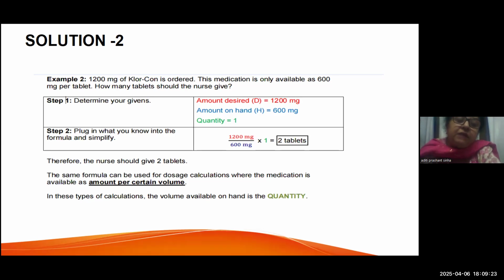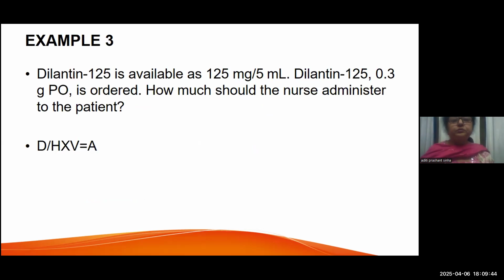So if it is available in some volume, we can add that volume. Otherwise, we can just write the quantity. So D by H into Q is the same as D by H into V, and that is equivalent to the amount which is desired to be given to the patient. That is the required dose for the patient. Clear? Now coming to the next.